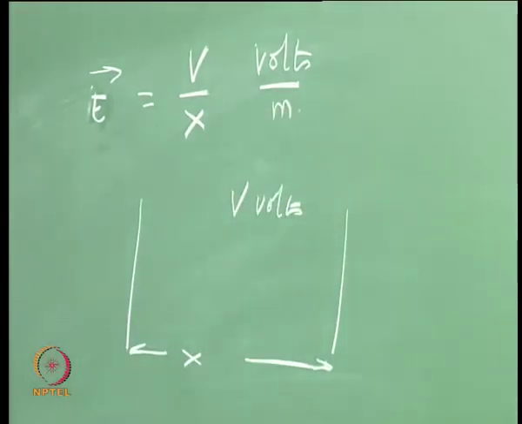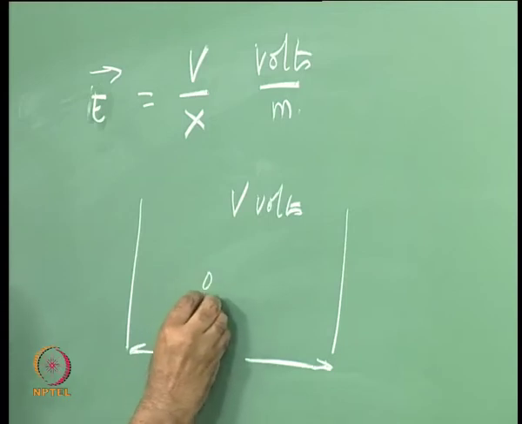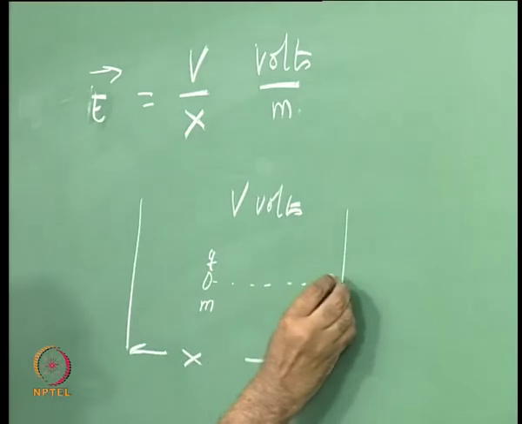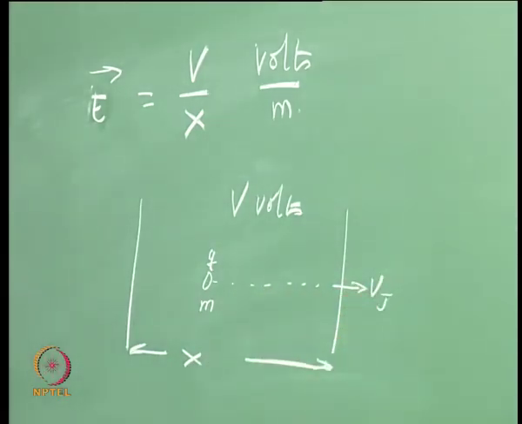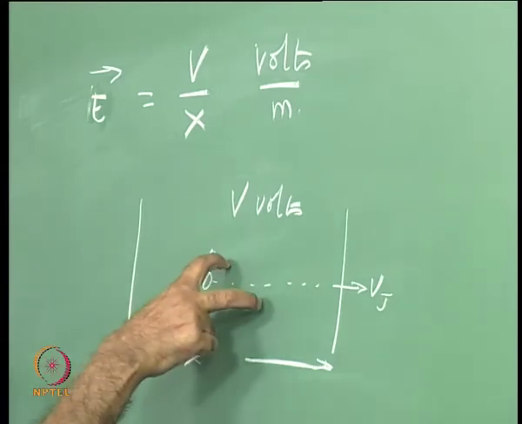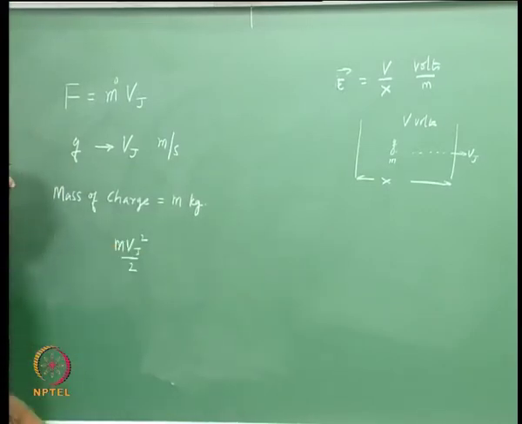In this electrical field, if I put a charge and I accelerate the charge of mass m, the charge being q, I am able to accelerate it through Vj, and I am interested in expressing a relation between the electrical field and the kinetic energy which I am supplying to the particular charge of mass m.